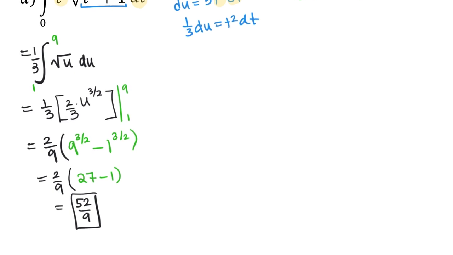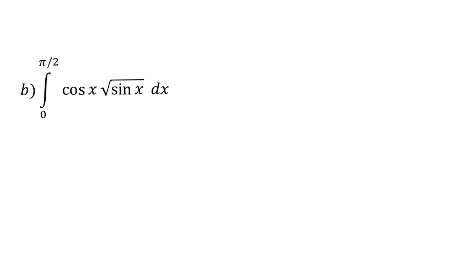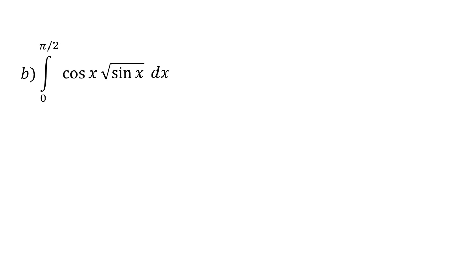Okay, let's try one more. The integral from 0 to pi over 2 of cosine x times the square root of sine x dx. For u, sine x, because I'm square rooting the sine x and the derivative of sine is cosine, so it seems like u should be that inner function.